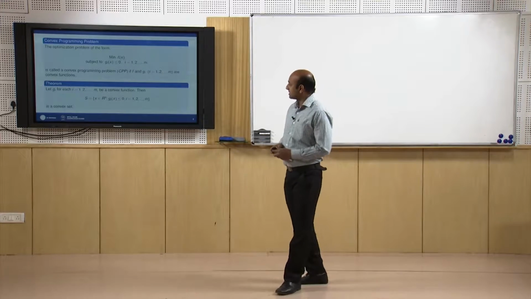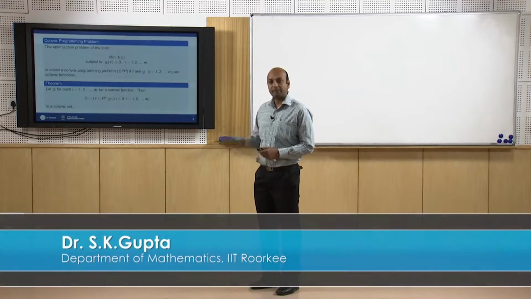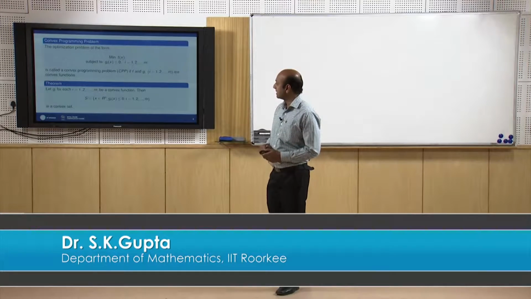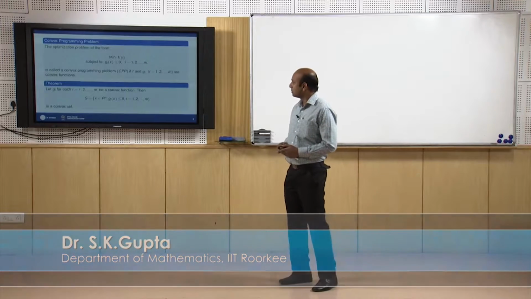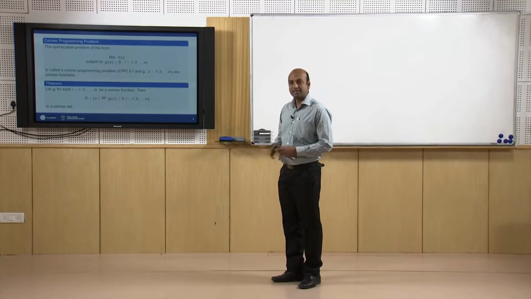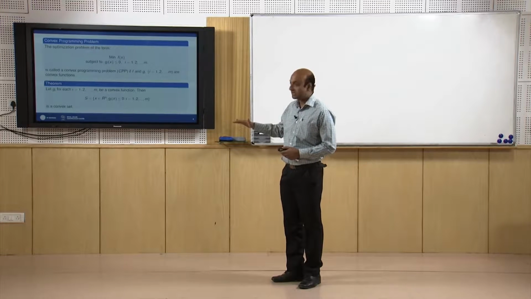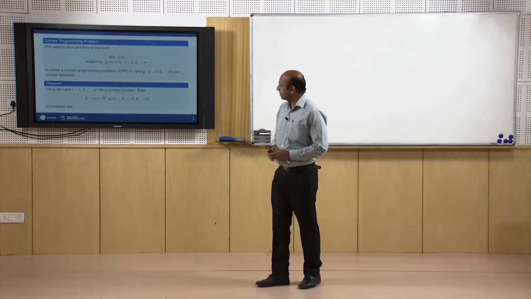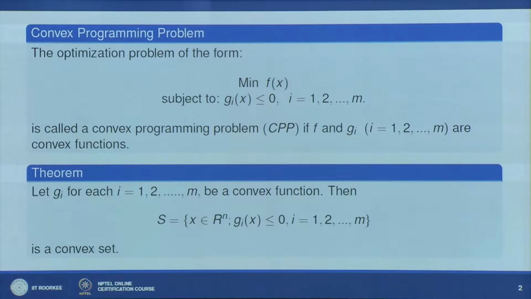Now, consider this general mathematical programming problem, that is, minimizing a function f(x) subject to g_i(x) less than or equal to 0, i from 1 to m, that means we have m constraints. This problem is called a convex programming problem if the function f, which is the objective function, and g_i for all i from 1 to m are convex functions.